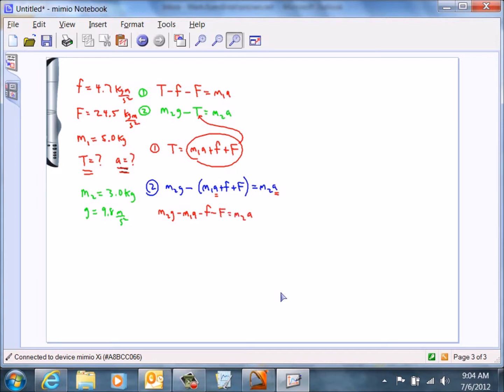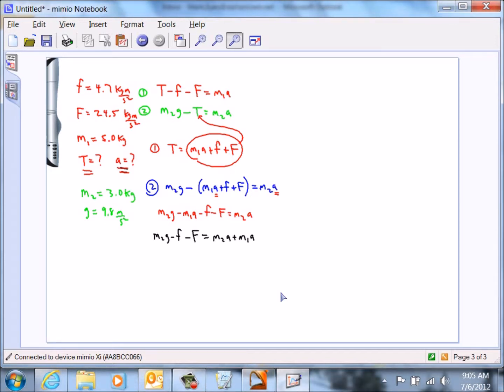And let's get our a's over on the right side of the equation. So I'm going to add m1a to both sides. On the left I have m2g minus little f minus big F. On the right I have m2a plus m1a. The reason for grouping them on the same side is so I can factor out my unknown, the a.